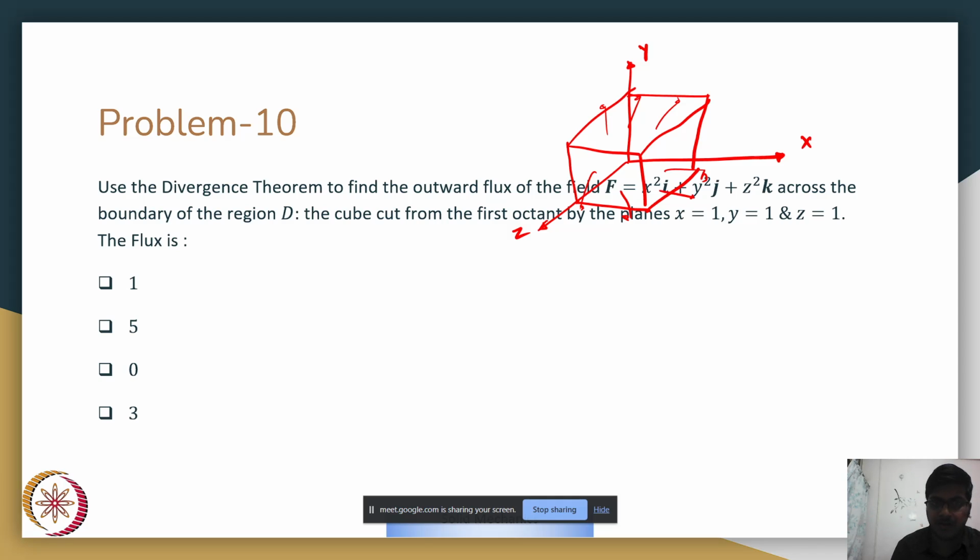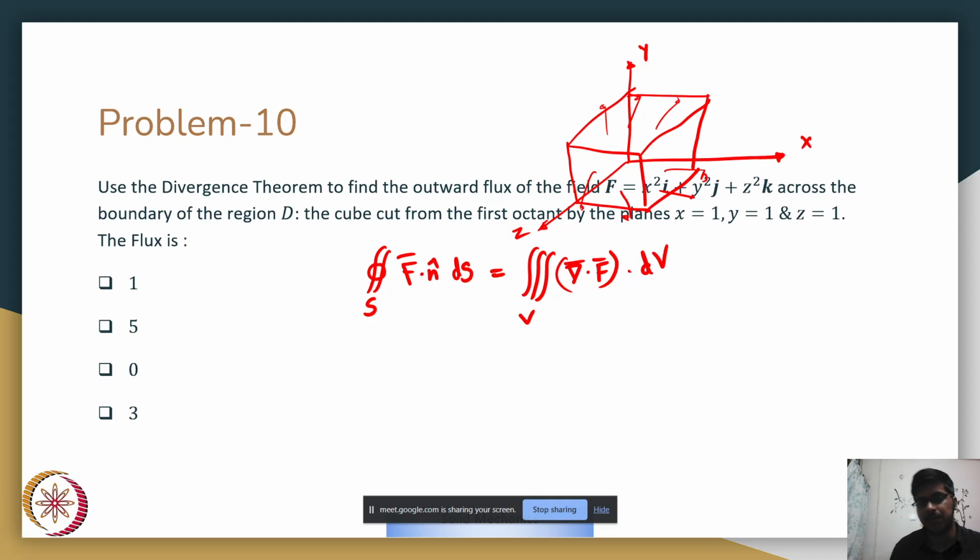Again, we use the divergence theorem. F dot n ds for the entire surface is nothing but the integral of div F dV over the entire volume V, whose boundary is the surface.